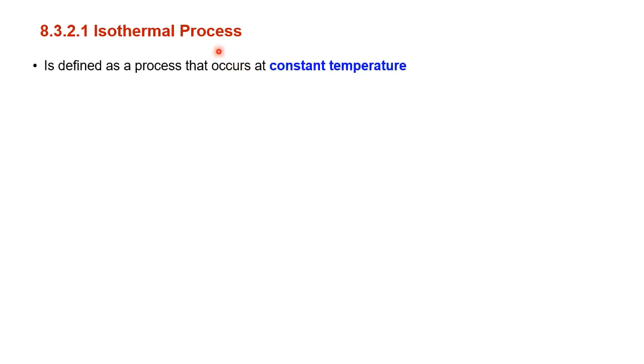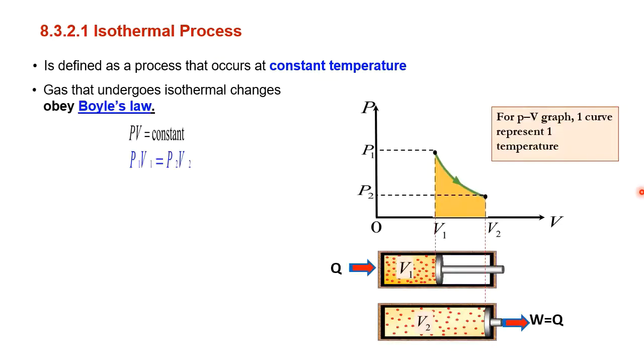Now, let us have a look in detail on the first process, which is isothermal process. This process obeys Boyle's law. Boyle's law says the multiplication of pressure and volume is always constant along the process. Now let's have a look on the graph. Let us choose this point.